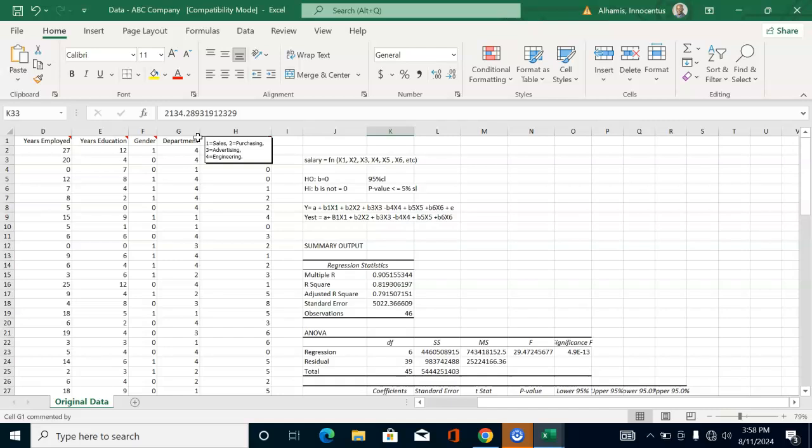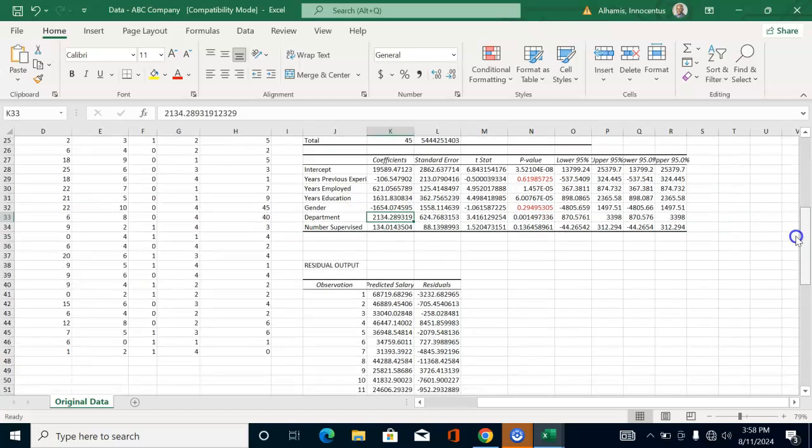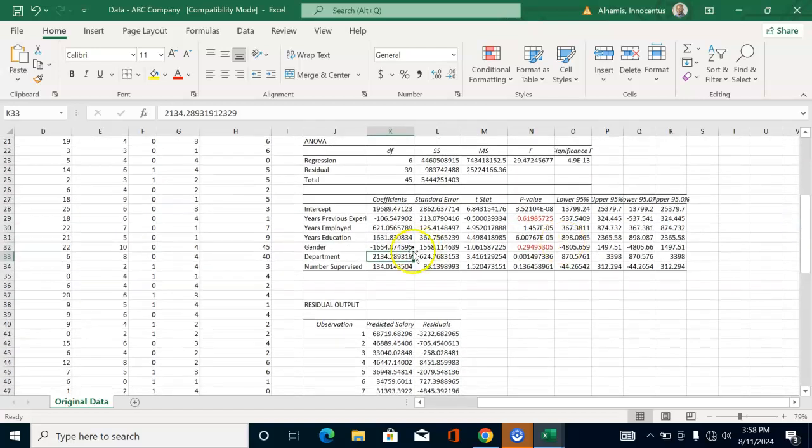So that means if you move from sales to purchasing, it's estimated that your salary will increase by 2,134. So when you move from one department to another, your salary will differ by this amount. And this is because the probability value supports this, meaning that this is significant.